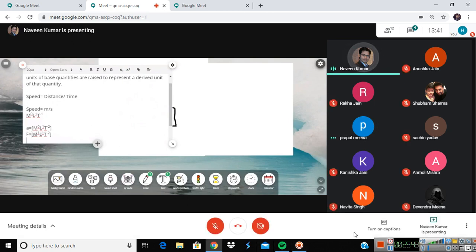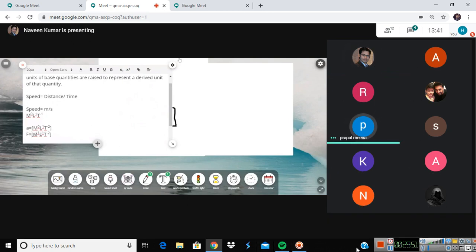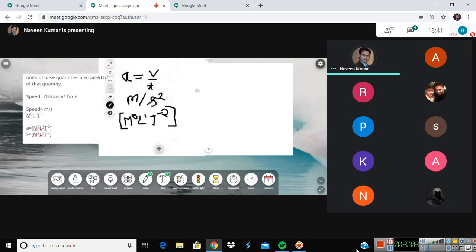Sir, in 10th class we studied refractive index, what is its dimensional formula? Beta, there is no dimensional formula of refractive index, because this is a ratio of similar quantities. That was the ratio of speed of light in vacuum to the speed of light in medium. Sir, that means it is dimensionless. Yes, that is dimensionless. Mu is equal to c by v.